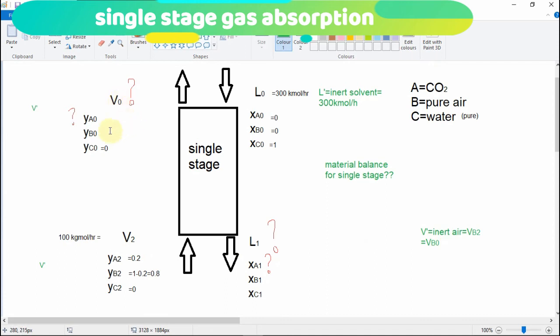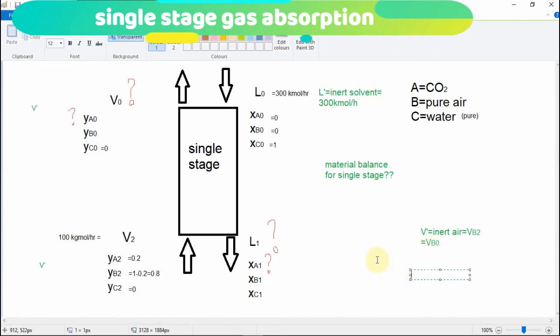V naught multiplied by YB naught equals VB naught. If you summarize, VB2 is the flow rate of pure air, or our component B, in the inlet stream.